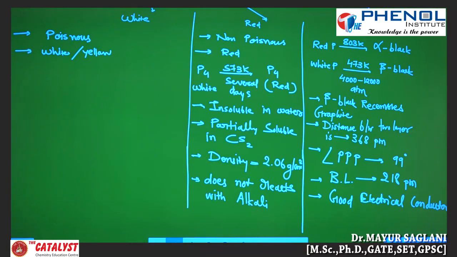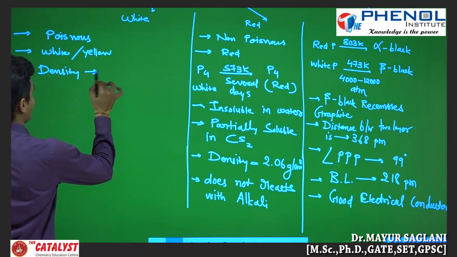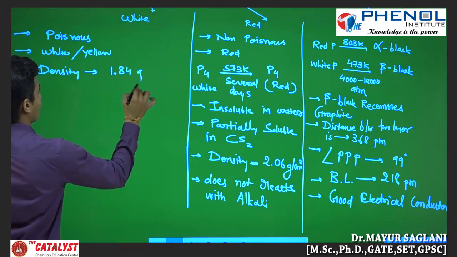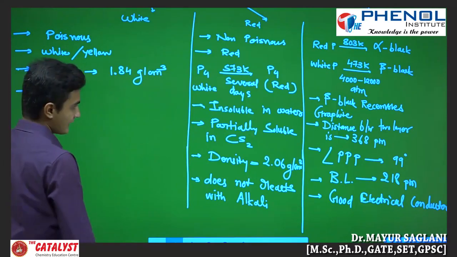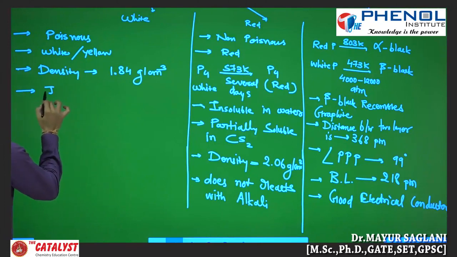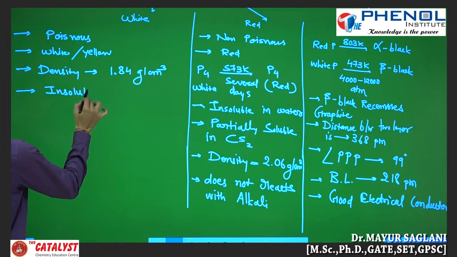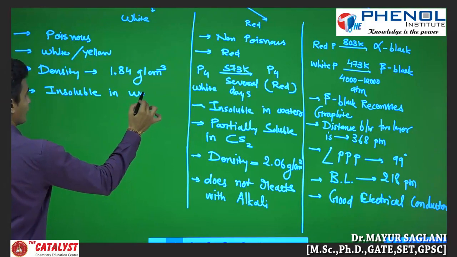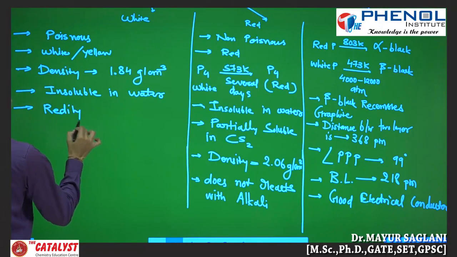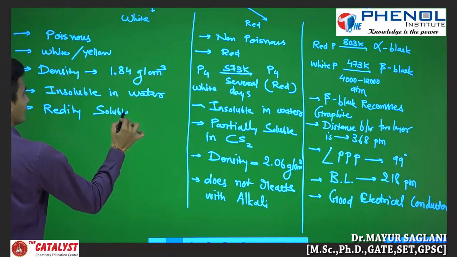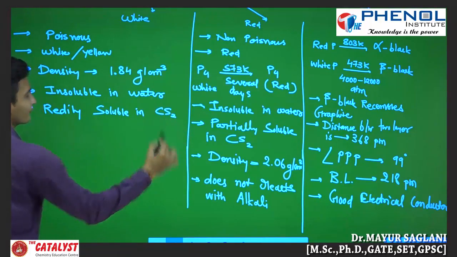Okay, fine. If you see the white phosphorus, then white phosphorus is having density about 1.84 gram per centimeter cube. Likewise, if you see solubility, then it is also insoluble in water, but readily soluble in CS2.